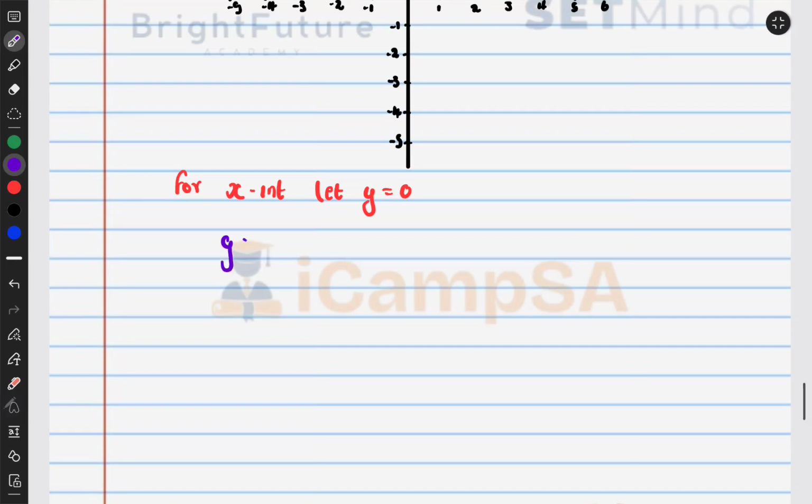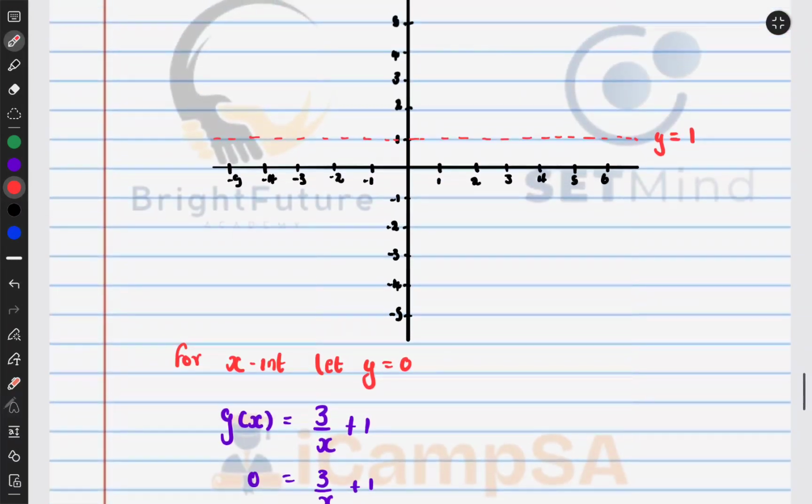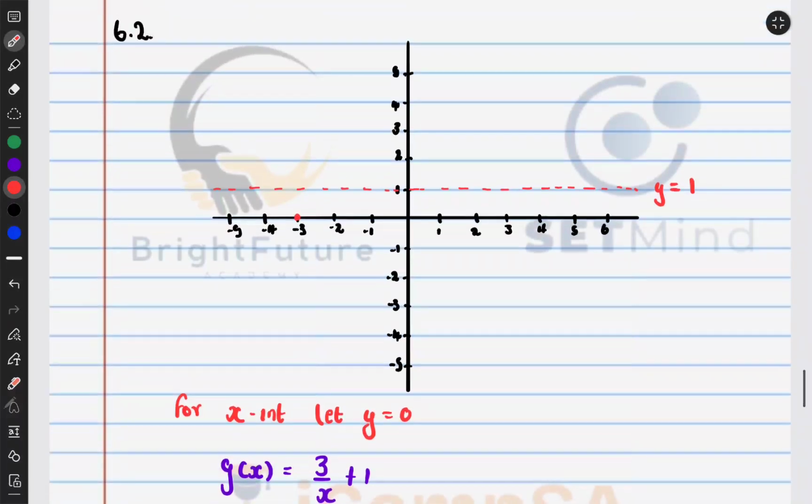So g(x) is going to be 0, is equal to 3 over x plus 1. Therefore, we're going to take that 1 to the other side, so we have negative 1. Therefore x is going to be equal to negative 3. That's the x-intercept, and that's the only intercept we're going to have here.